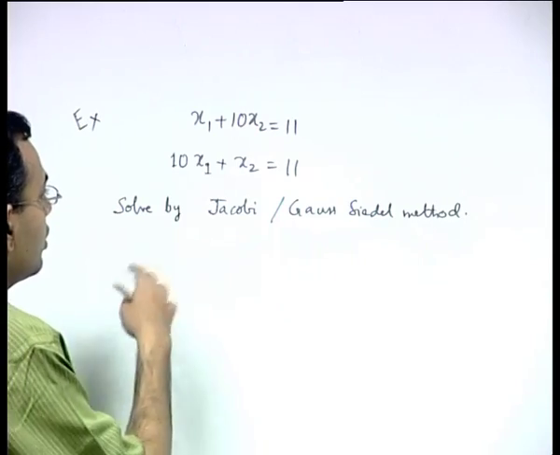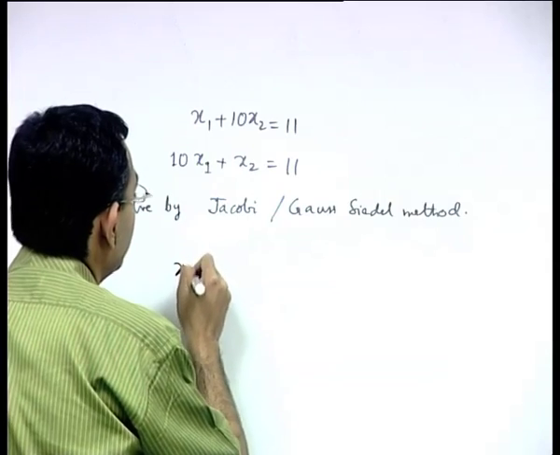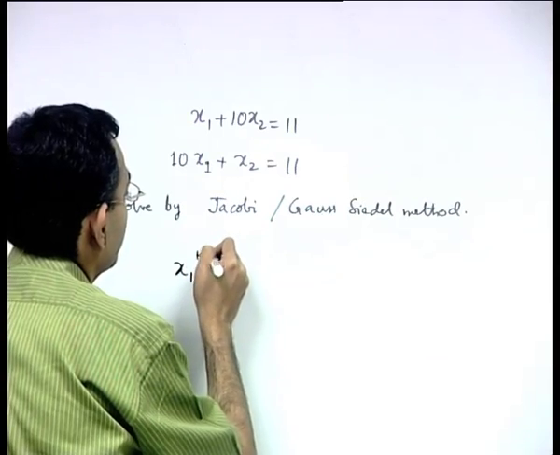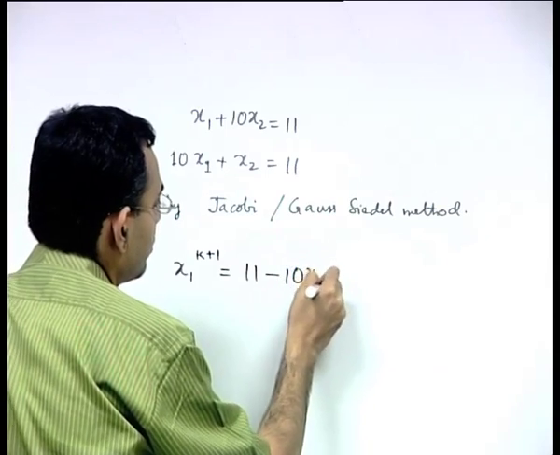So, if we write the corresponding formula for iteration, then x1 k plus 1 is equal to 11 minus 10 x2 k.